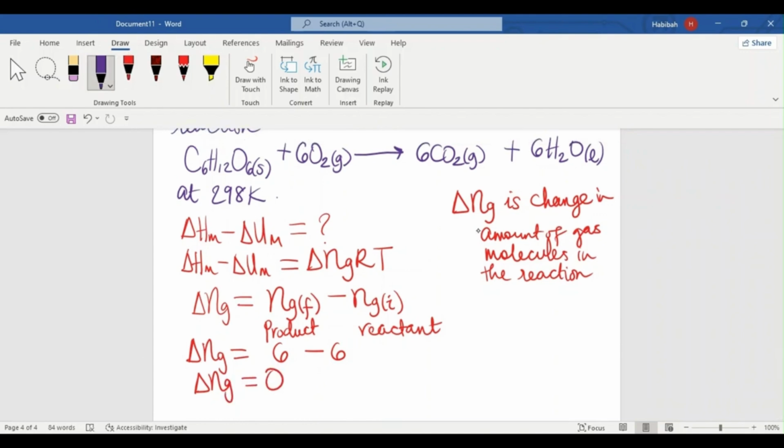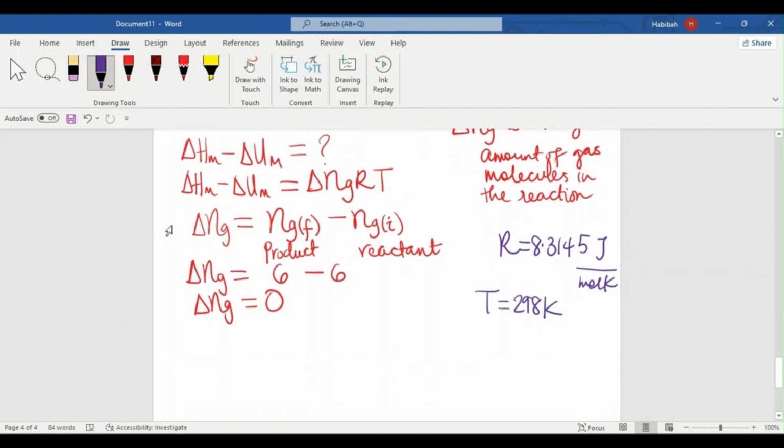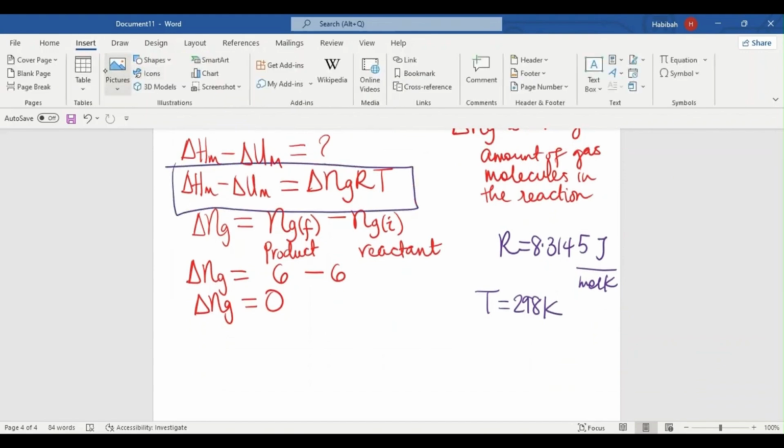Now the R that we have here is 8.3145 joule per mole Kelvin, and the temperature is 298 Kelvin. So the next thing we have to do is substitute into this equation to get our answer.